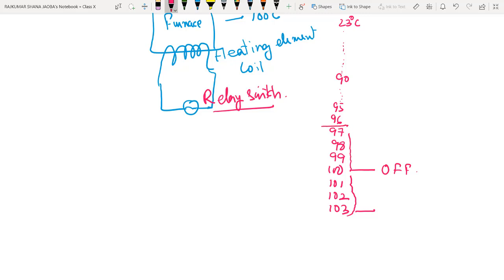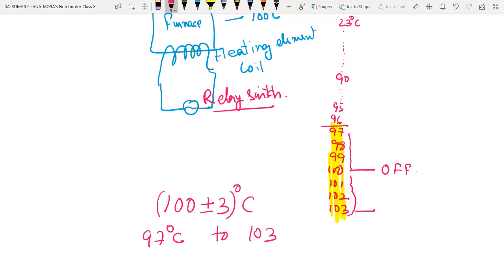So the furnace temperature is 100 plus minus 3 degrees Celsius, meaning 97 to 103 degrees Celsius.